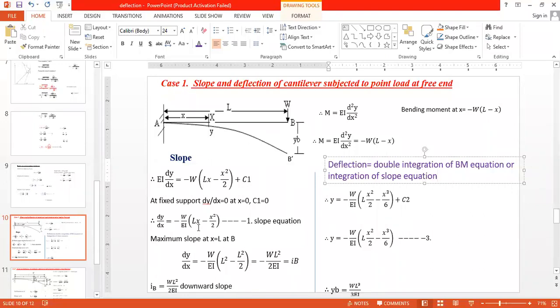Already we have calculated the slope equation. We have taken the single integration of this moment equation.